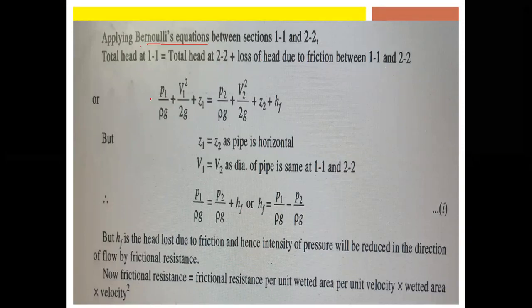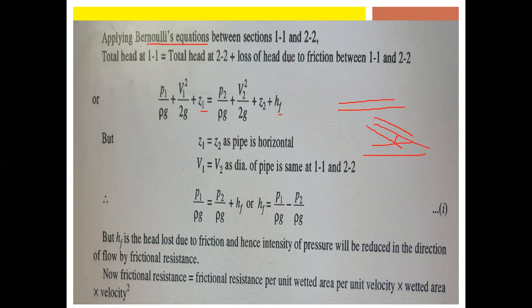So how do we write it? P1 by rho g plus V1 square by 2g plus Z1 equals P2 by rho g plus V2 square by 2g plus Z2 plus head loss HF, right? So here the pipe is horizontal, so the datum head is the same. Whenever the pipe is slanting, like this is the surface and the pipe is like this, then automatically the pipe makes some angle.